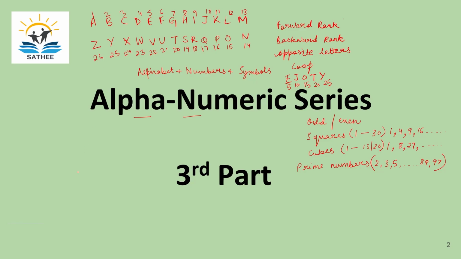Okay. Then I told you about backward rank. What do you mean by backward rank? Backward rank means we are assigning them number in reverse order, in descending order.